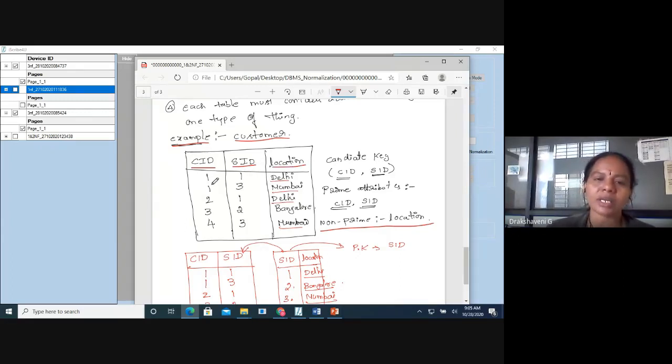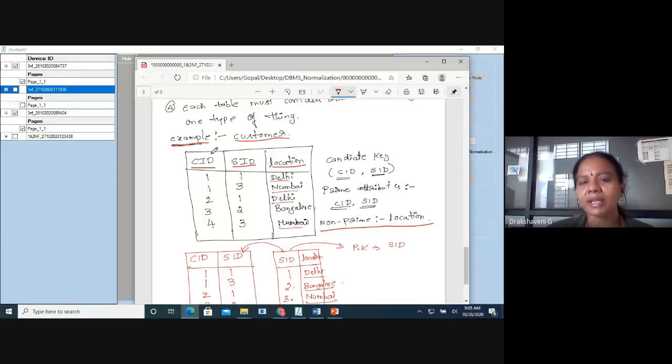So in the customer ID, we write like this, 111, some customers. And we write store ID, 1, 3, some values, and location. So in this case, which column should I make the primary key? It is very difficult.